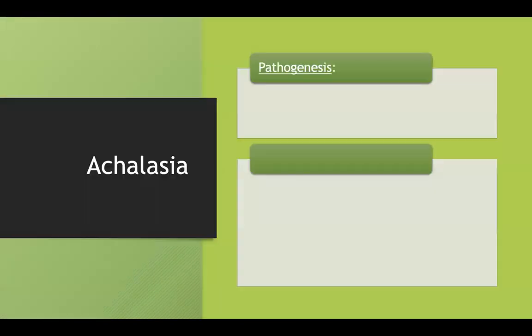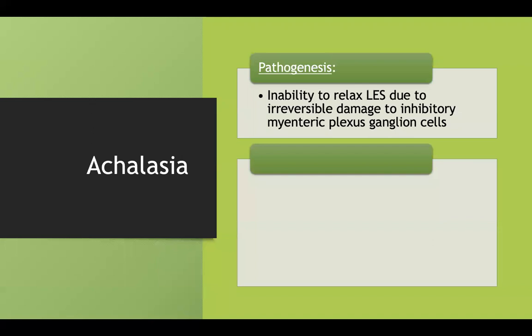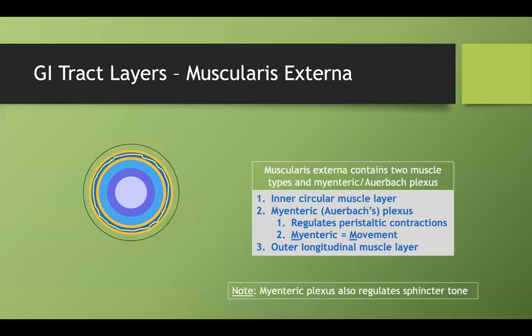So why does this happen? Well, our lower esophageal sphincter can't relax because of damage to our myenteric plexus ganglion cells. So now we have to talk about the myenteric plexus really quickly. This is from our GI tract intro lecture when I referred to each of the layers and what they do.